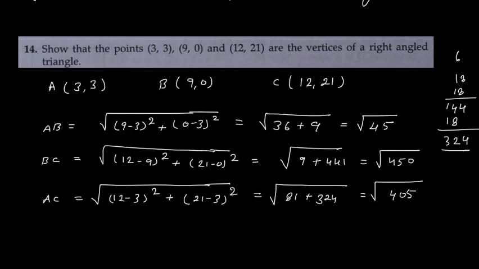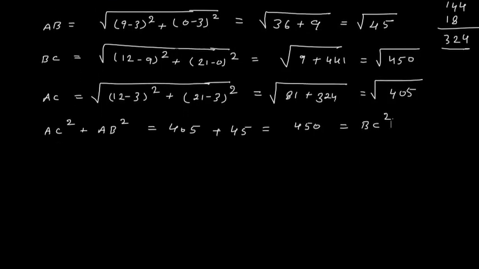So you can easily see from the values that if I take AC square plus AB square, AC square will give me 405, AB square will give me 45, their total will be 450, which is nothing but BC square. Right?